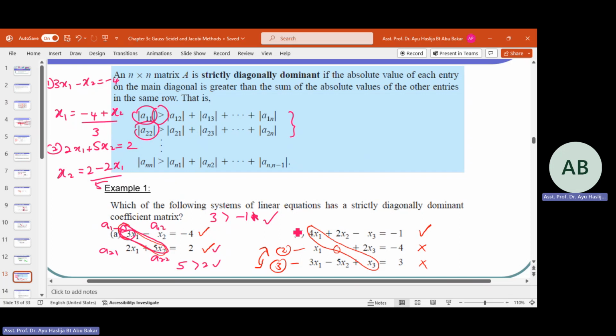Okay, I repeat for B, equations for B. Now, step 1, check the diagonal dominance.